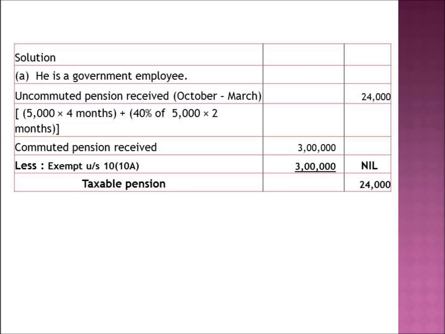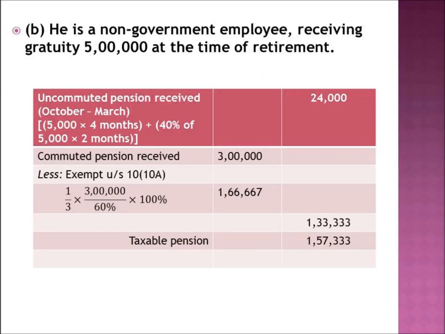Now let us see the second case, when he is a non-government employee who is receiving gratuity. Now the second case, that is when he is a non-government employee receiving gratuity of rupees 5 lakh at the time of retirement. So what will be the taxable pension in this case?